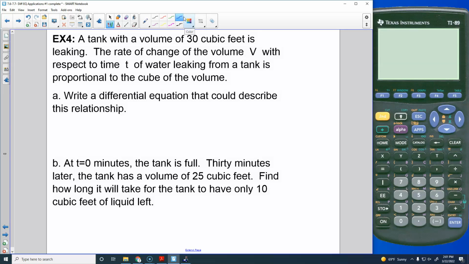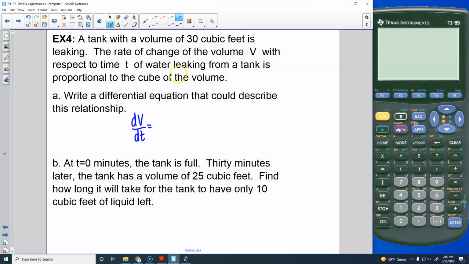So we have a tank with a volume of 30 cubic feet. V is going to be our volume. We're looking at dV/dt. Yep, it only asks for the equation. So what is the rate of change of the volume, dV/dt, with respect to time?